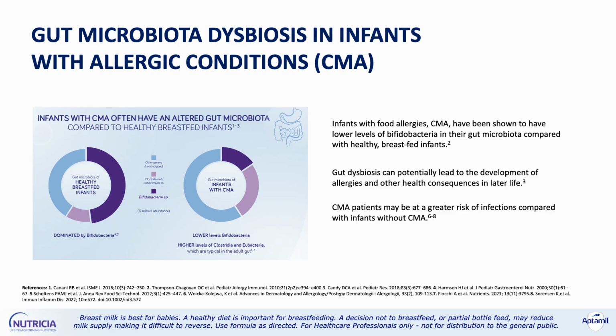This imbalance, gut dysbiosis, may influence immune development and susceptibility to infection. A healthy, balanced gut microbiome acts as a barrier against the infiltration and colonisation of pathogens, thereby protecting infants against infections.